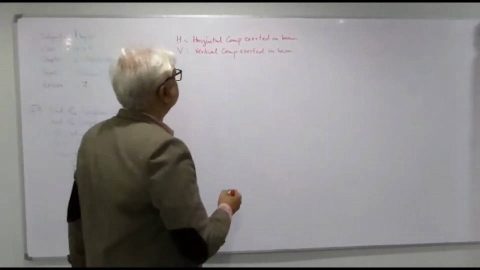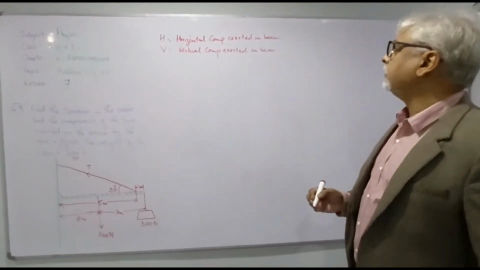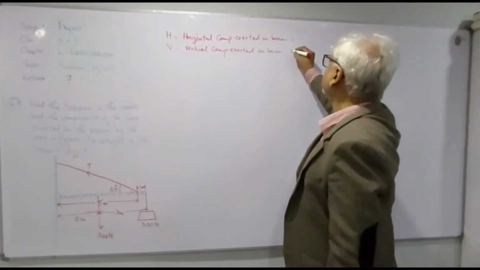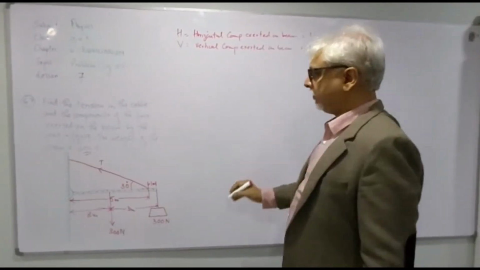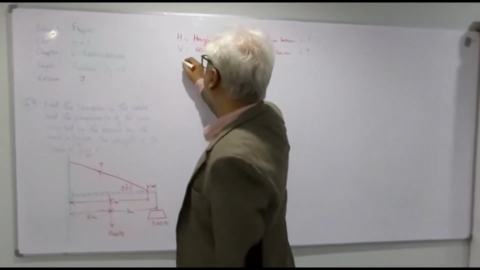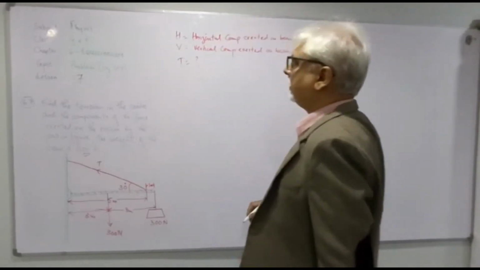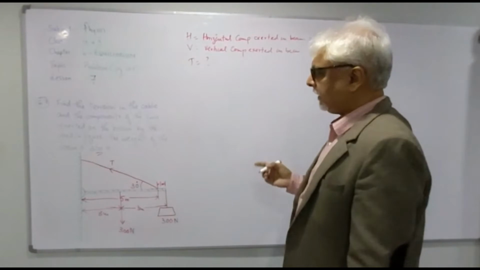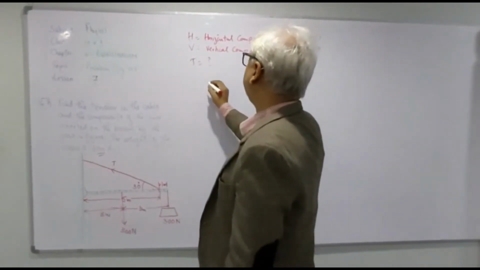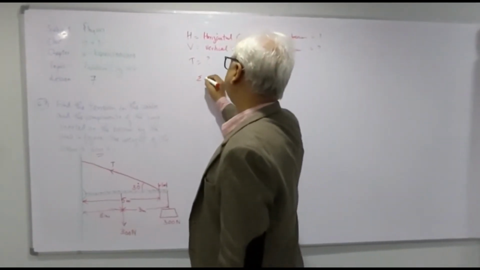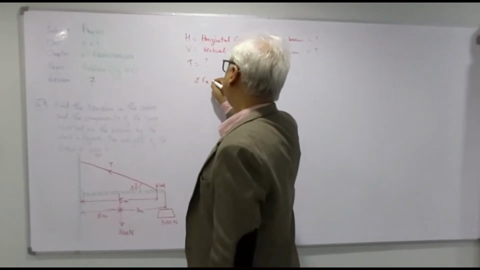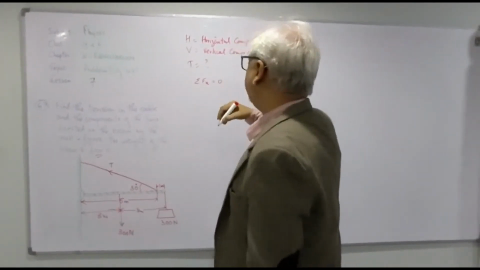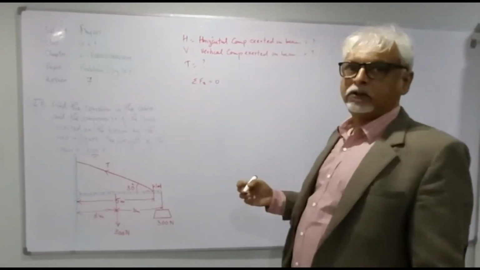Right. So we have H, the horizontal component exerted on the beam, and V, the vertical component. We need to find these two, and also the tension T. So let's begin by applying the first condition of equilibrium, according to which the summation of all forces acting along the x-axis is equal to 0, and the summation of all forces acting along the y-axis is also 0.